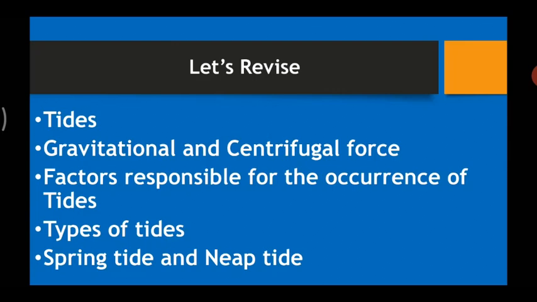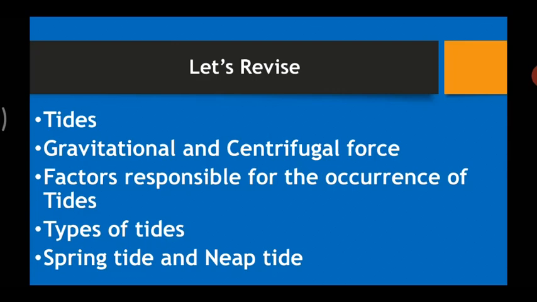Next we learnt the types of tides, and the types of tides were spring tide and neap tide. Spring tide, we learnt, occurs on the new moon and the full moon day, when the gravitational pulls of the sun and the moon act in the same direction, leading to spring tides. Spring tides are higher than the average high tides and lower than the average low tides.